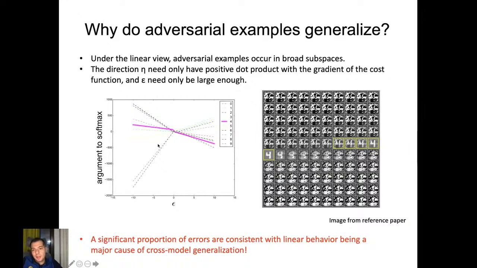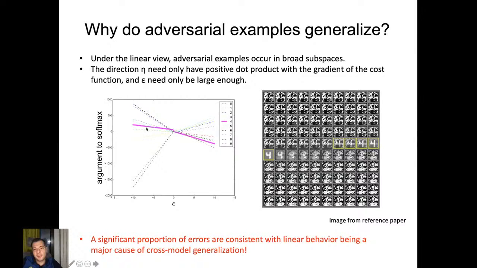So yeah, in this plot they show that the behavior for each of the 10 classes in MNIST is linear. So yeah, for each class you have a model that is composed of some linear components, and they're mostly linear.